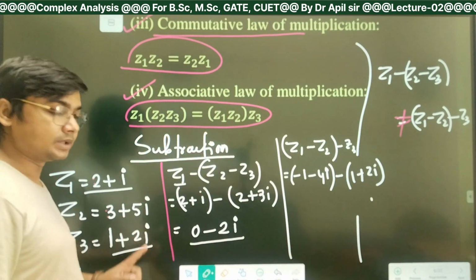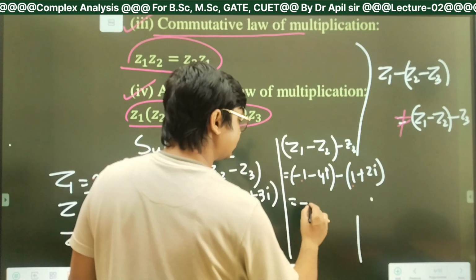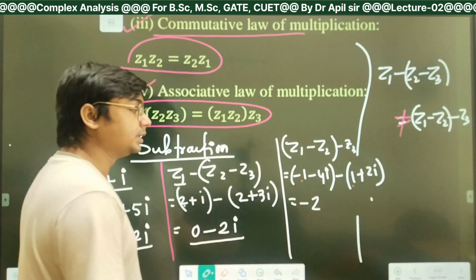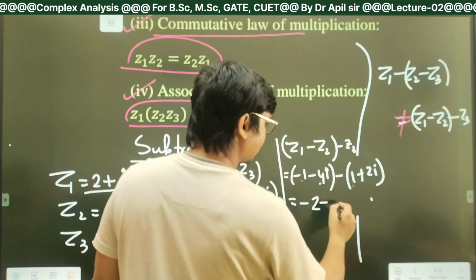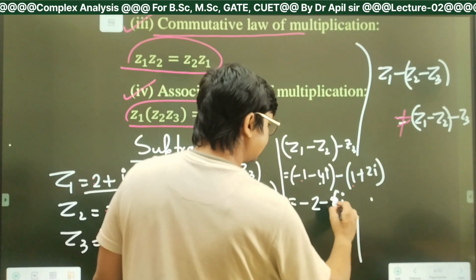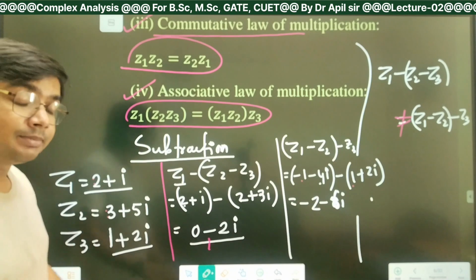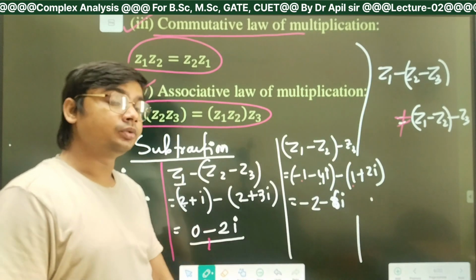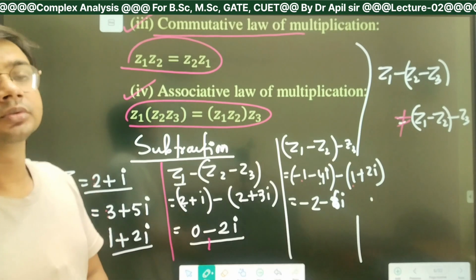Just try to simplify. Minus 1 minus 1, so this will be minus 2, right? Minus 4i minus 2i, that means minus 6i will be there. So now you check whether they are equal. No. That means in case of subtraction, this associative property does not hold, right?